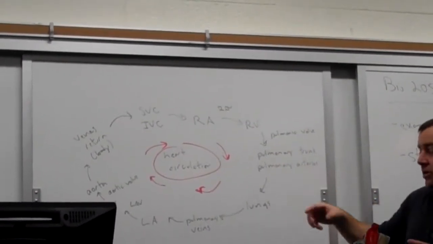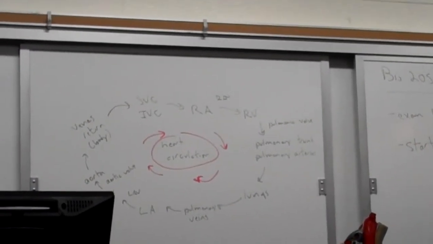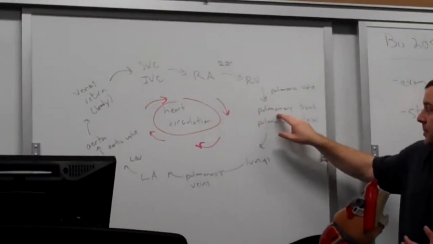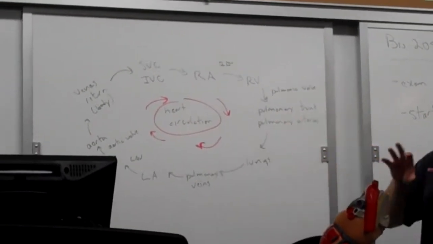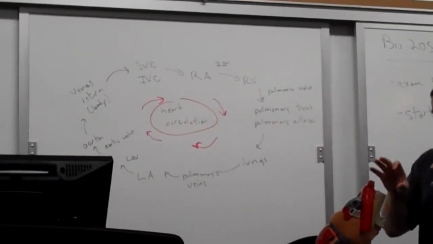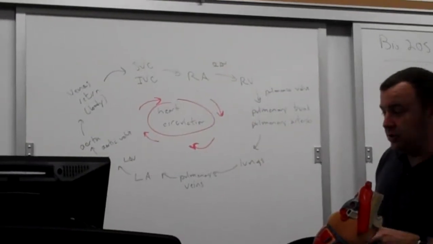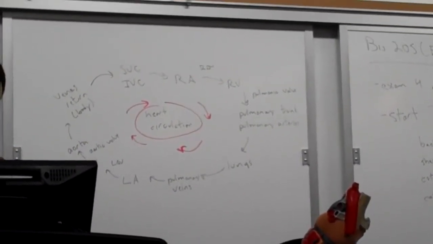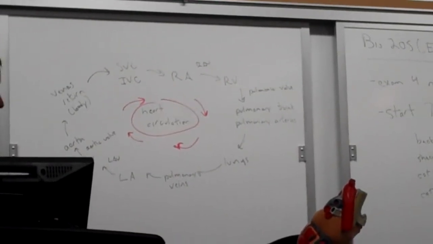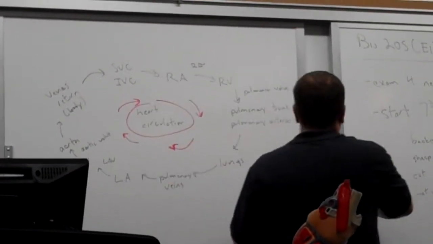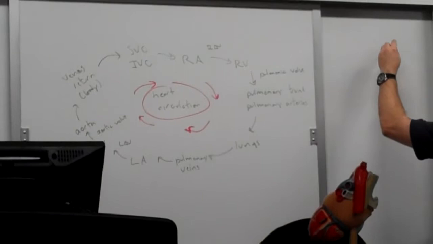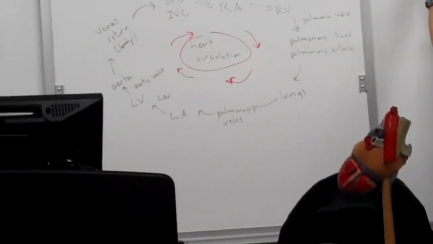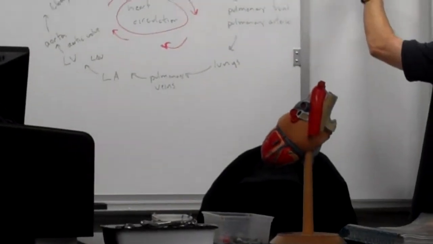These are just large vessels that the blood is passing through from the right ventricle on its way to the lungs. It'll first pass through the pulmonary trunk, which is a single large vessel. That single large vessel will branch into two, which are going to be the two pulmonary arteries. And from there, they'll branch out into the circulation. So this is going to be the right ventricle, if we just think of this as a chamber.